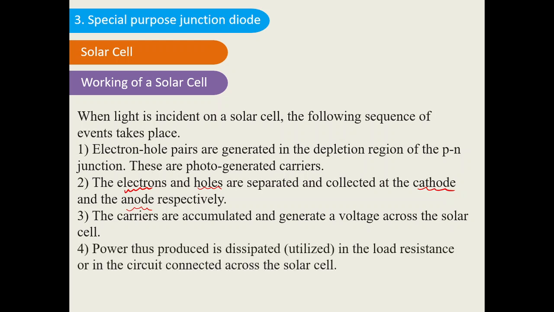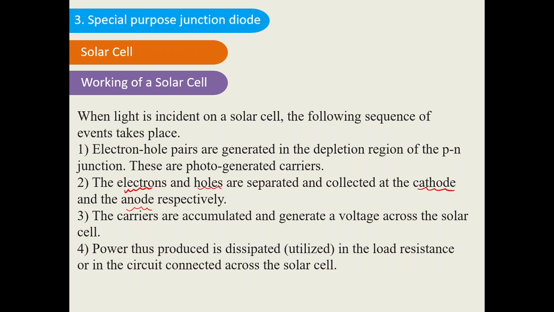The fourth point is that the power thus produced is dissipated, utilized in the load resistance or in the external connected circuit across the solar cell. Whatever power, energy or voltage is generated in the first, second, and third steps can be used to dissipate that power whenever it is connected across the load resistance.